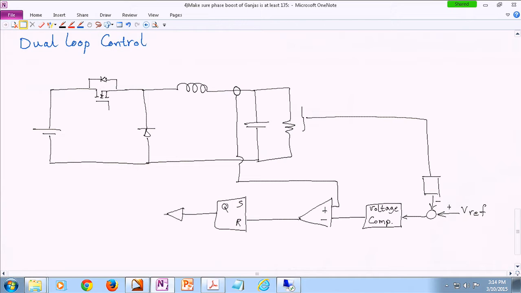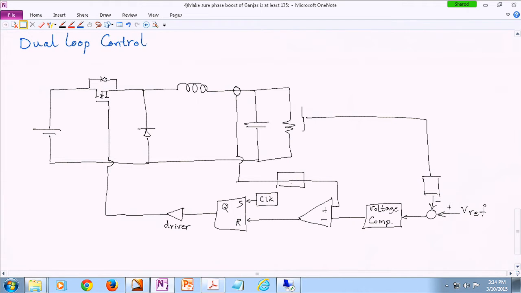Then you use a gate driver and then command the gate. And then we have a clock over there. Okay, so in the general case, we may have a sensing gain here too.